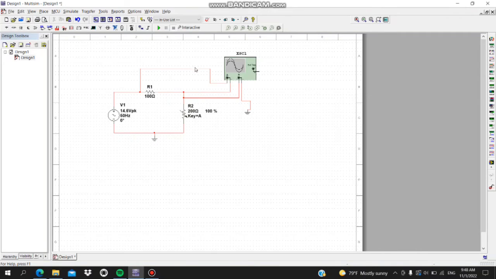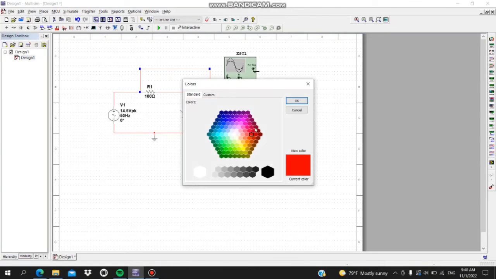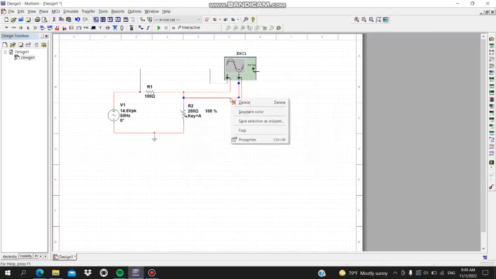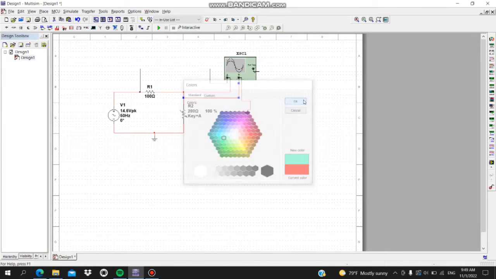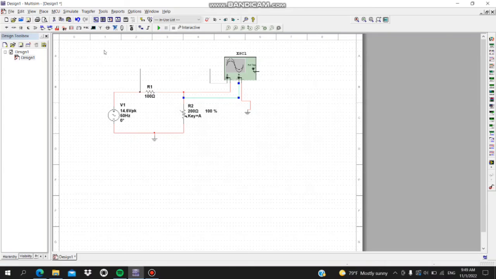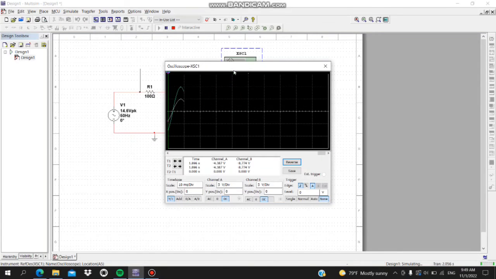We can change the color to white. For the R1, the waveform, we can change it to green. So we try to run. So we find the waveform at the oscilloscope. So we adjust.